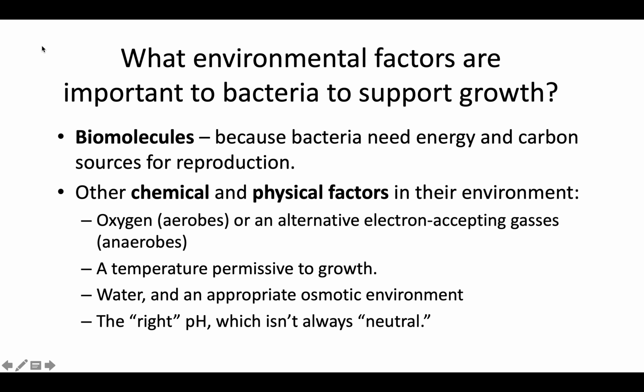Water, we know bacteria need water, but in addition to water, which goes hand in hand with it, is the appropriate osmotic environment. And finally, the pH. For pH, it isn't always right to say neutral, because bacteria we find are everywhere, and there are also bacteria that live in different pHs or need different pHs in order to grow.